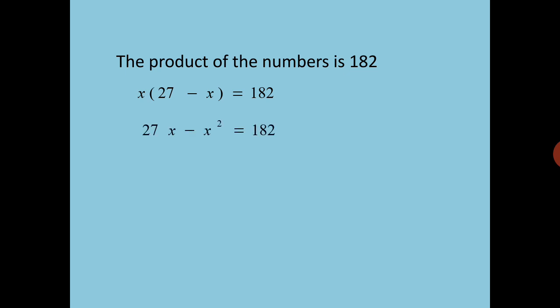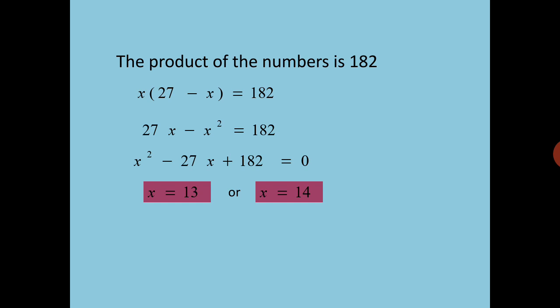Open the bracket, write in the standard form. This is how you get the proper quadratic equation in its general or standard form, that is x square minus 27x plus 182 equal to 0.